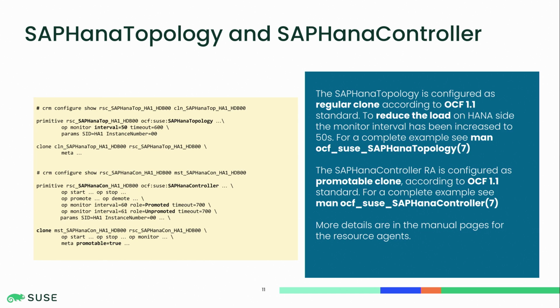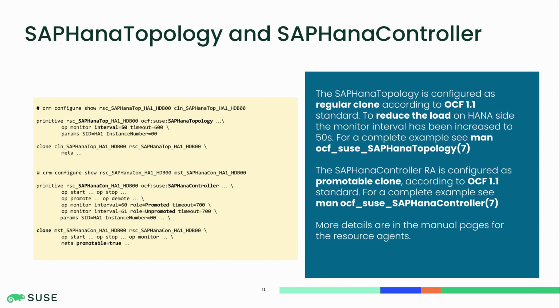So if we look at the SAP HANA topology resource agent here at the top, you see that one important thing for you is that we increased the interval. In the past, we had a very short interval for SAP HANA topology, because it was needed that this one has everything in place when the SAP HANA resource agent or SAP HANA controller begins to run.